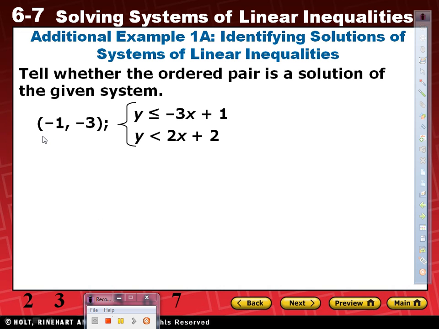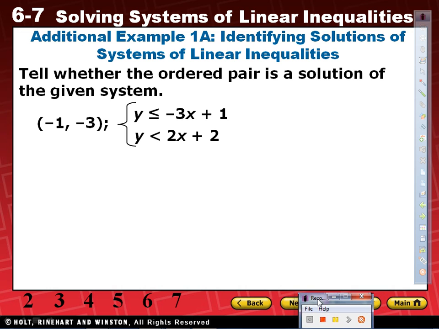Example 1: the point is (-1, -3), and the system of inequalities is y less than or equal to -3x plus 1 and y less than 2x plus 2. They're asking us to see if the ordered pair is a solution to that system. So pens down, eyes up here. I'm going to do this one, then I'll ask you to copy right after, and then I'll give you one more so you can practice.